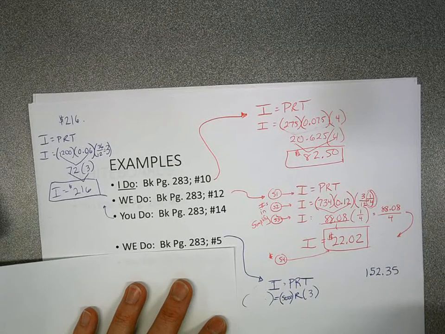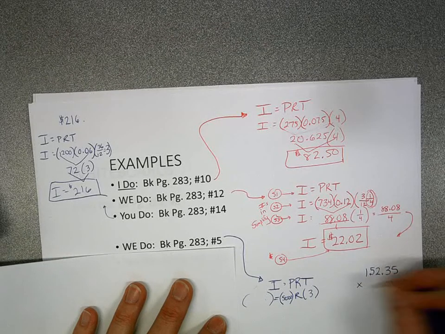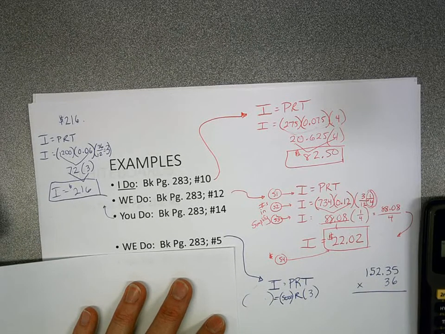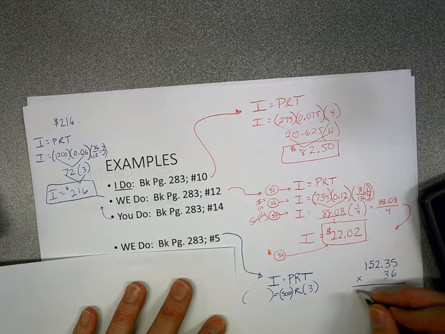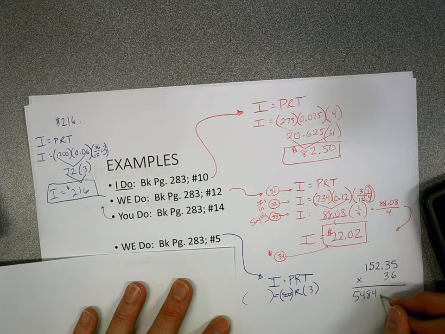How long did she get this loan for? 3 years, which is 36 months. If this is 1 month, what do we need to do with this in 36? Multiply it by 36. And that will tell us how much total amount of money she had to pay on this loan. So, $152.35 times 36 equals, she ended up paying $5,484.60.